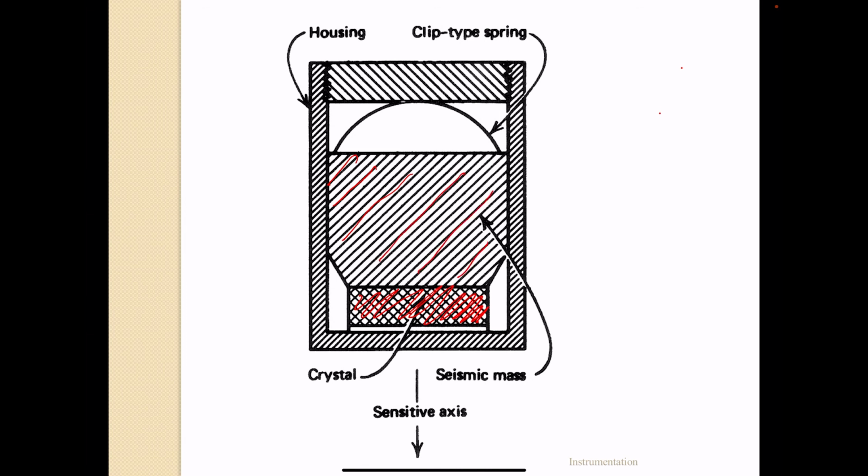When exposed to an acceleration, the crystal will be stressed by a force F equals ma, the acceleration multiplied by the mass of the seismic mass. So it will produce a force acting onto the crystal. A measure of voltage then represents the acceleration. The output level of this accelerometer is typically in the millivolt range, and the natural frequency is higher, exceeding 5 kilohertz, and it is used for vibration and shock.